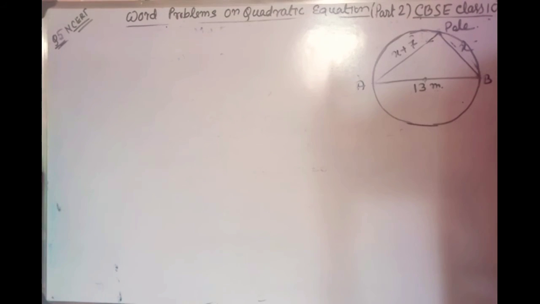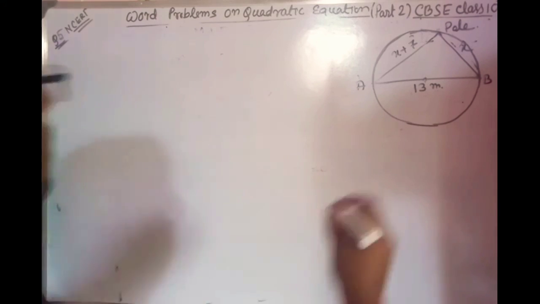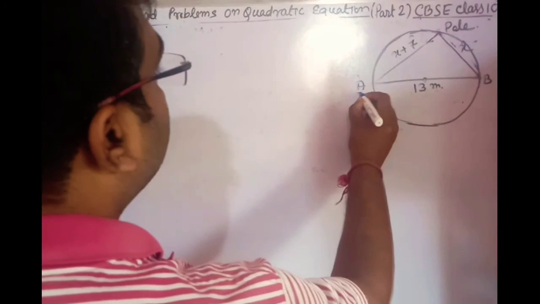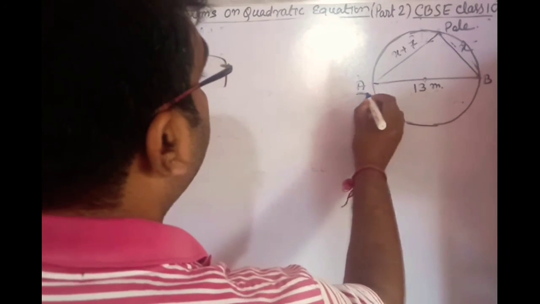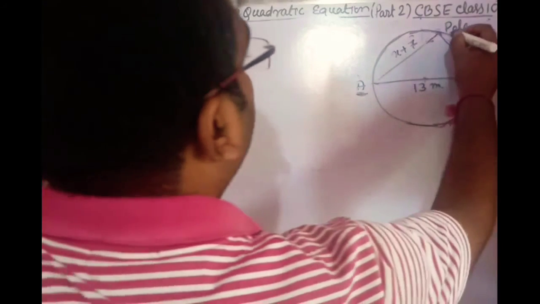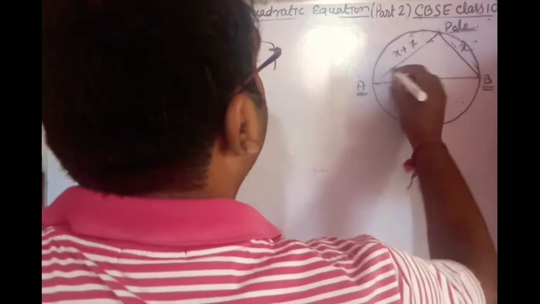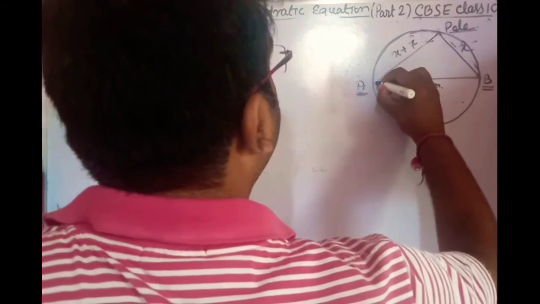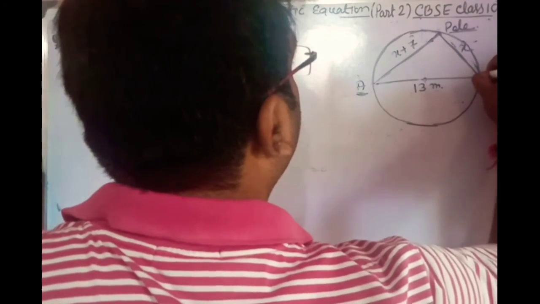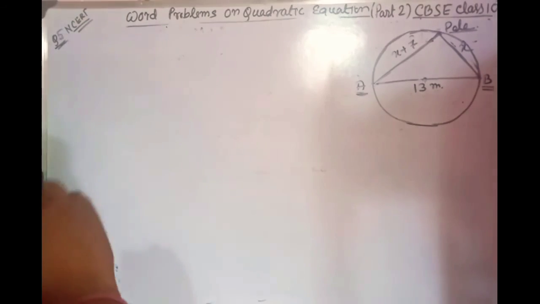Here I am drawing the picture of this question. Here is diametrical point A and diametrical point B, and here the pole. We are told that the difference between these distances is 7 centimeter.